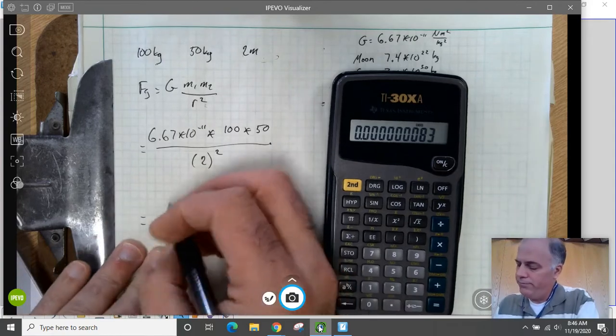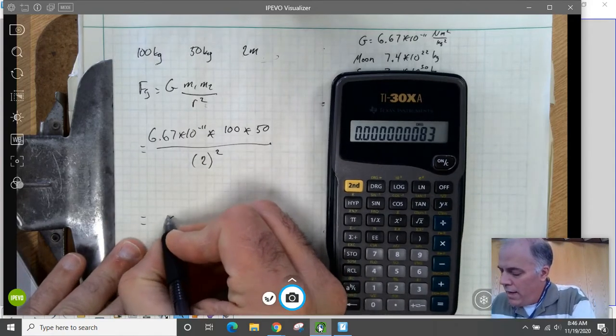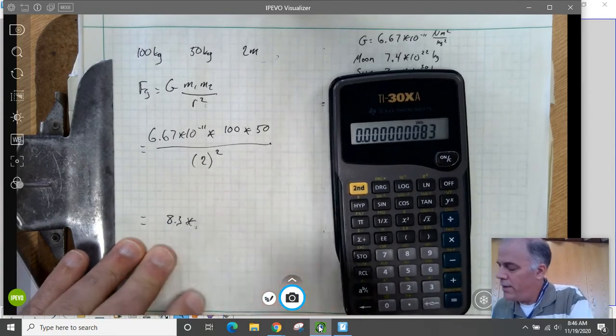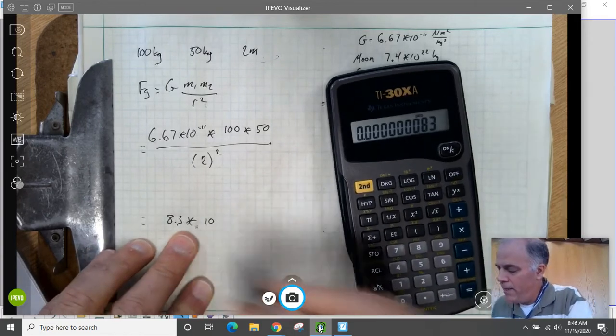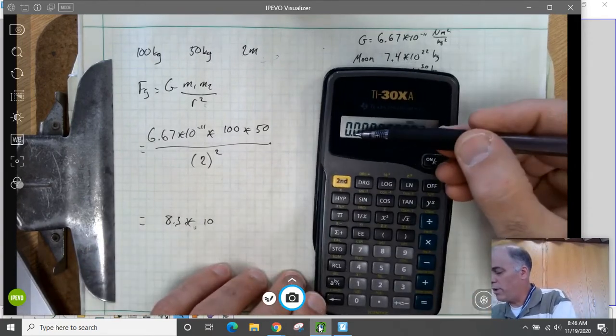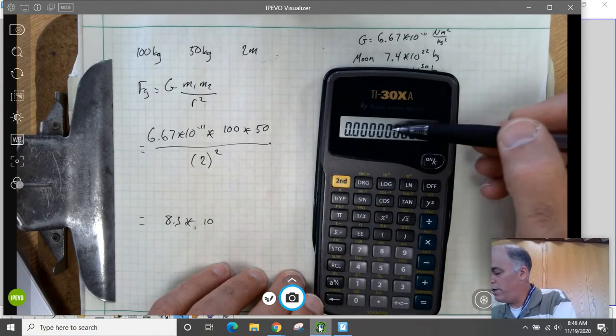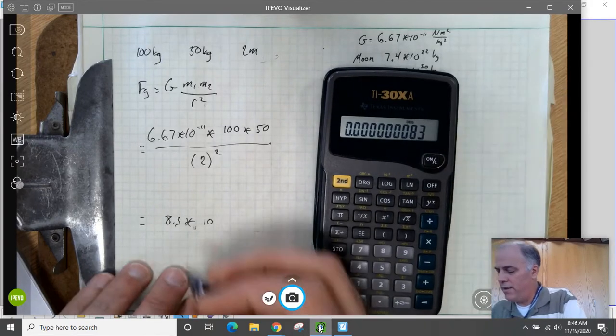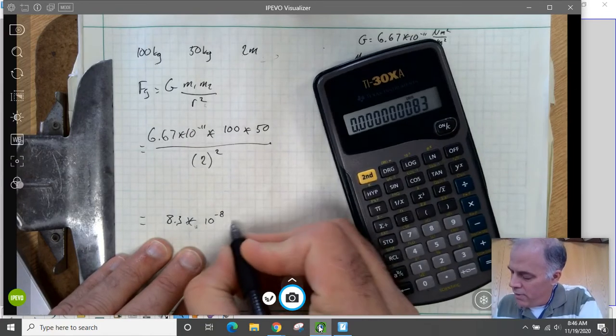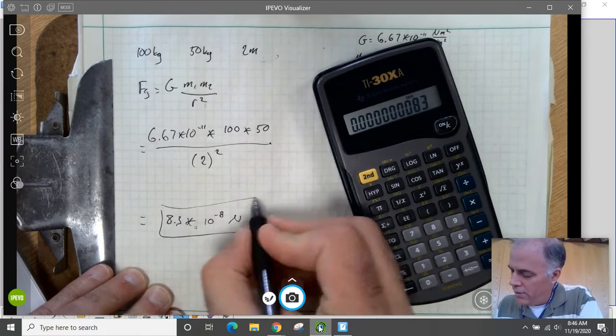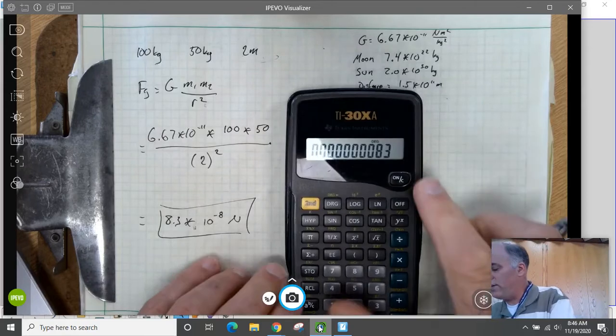And we get 8.3 times 10. We're going to count zeros here because we want to see how far we have to move the decimal point. So 1, 2, 3, 4, 5, 6, 7, 8. So 10 to the minus 8th newtons. That's the answer. 8.3 times 10 to the minus 8th newtons.